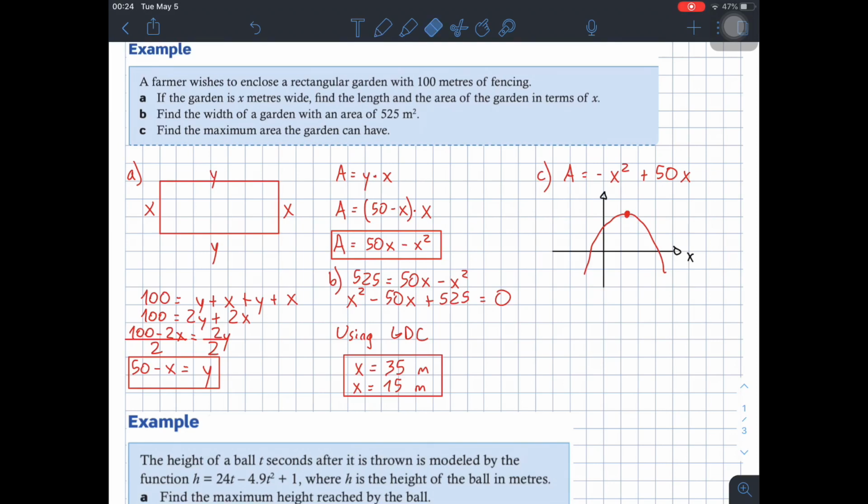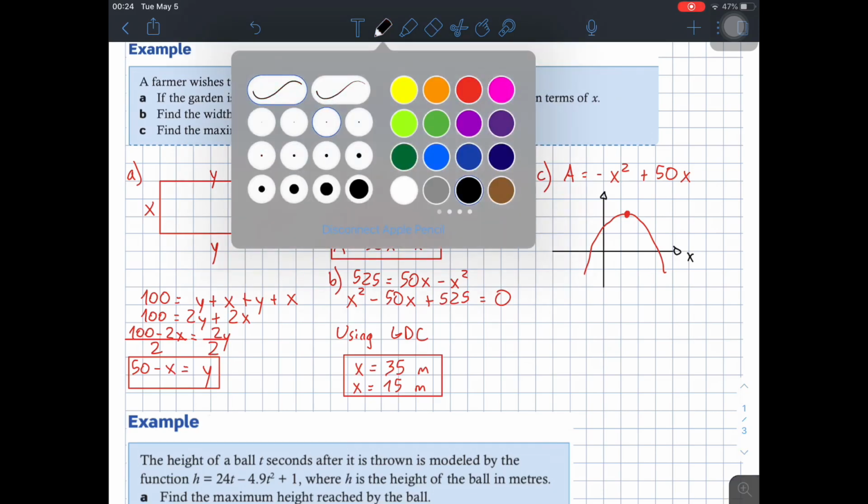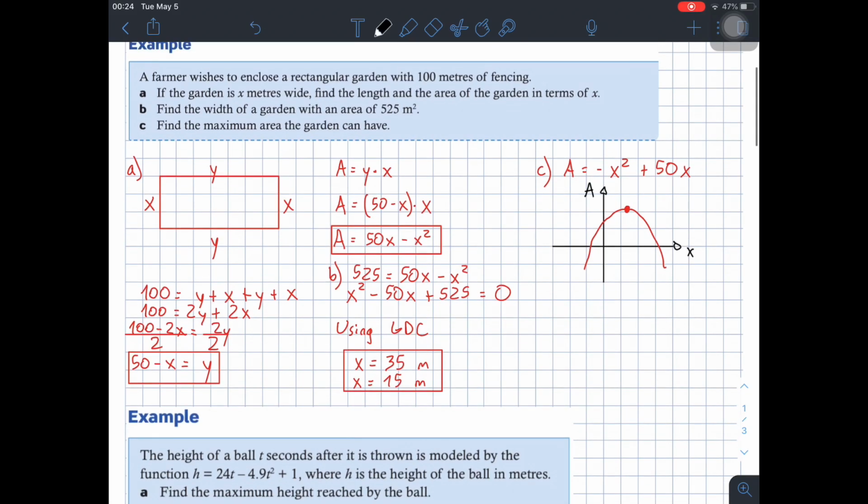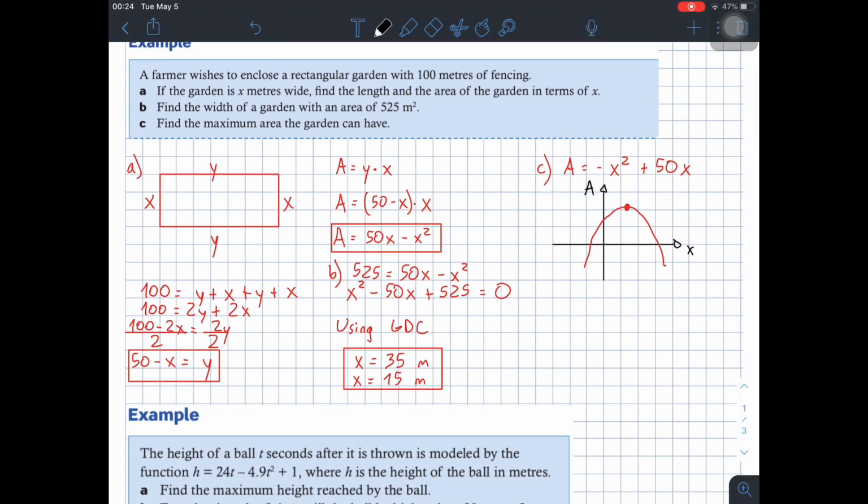You see that the area, this A over here, is the same as our y when we're graphing. So we could say that this axis is actually the area of the garden, and here we have the width of the rectangle, right? So if we calculate the vertex of this parabola, we will be finding the maximum possible area of this garden.